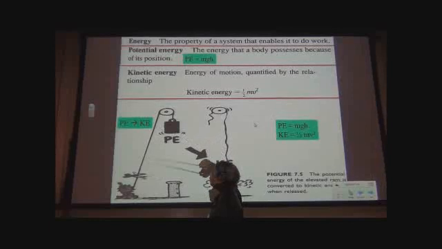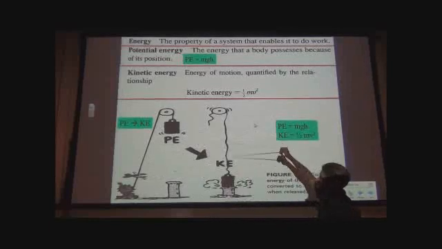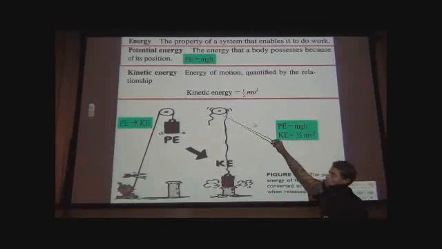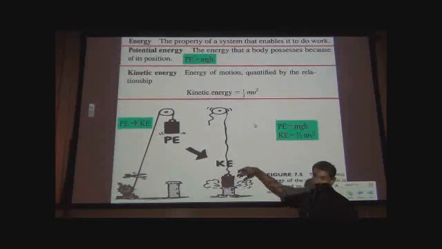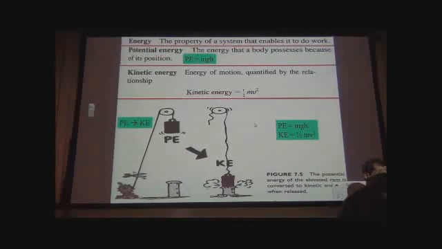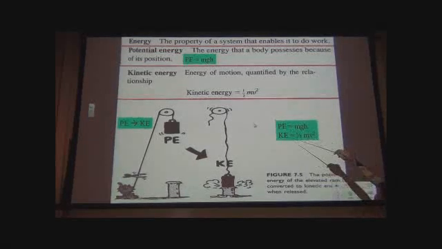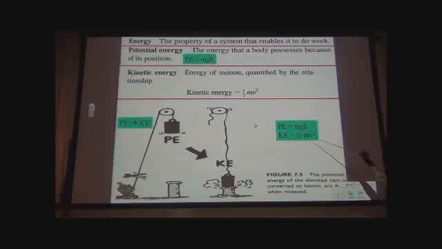Now if you were to cut the string, what happens is this anvil starts coming down and the potential energy gets converted into kinetic energy. Anvil accelerates, traveling at a high speed, and hits this can and crushes it, right? So this was an example where potential energy, mgh, was converted into kinetic energy, half mv square.